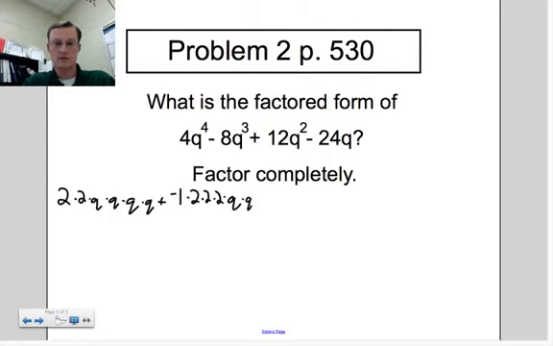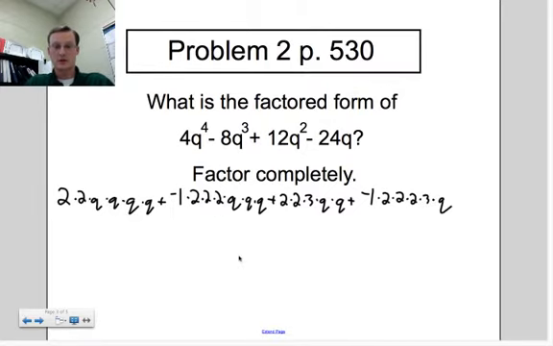There's 3 q's. Plus 2 times 6. 6 is 2 times 3. And 2 q's. And then plus negative 1 times 24. 24 is 2 times 12. 12 is 2 times 6. 6 is 2 times 3. And we have 1 q.